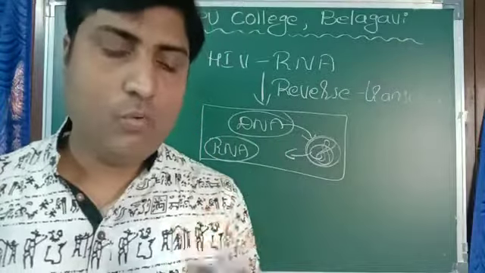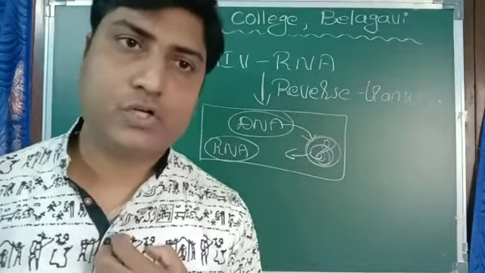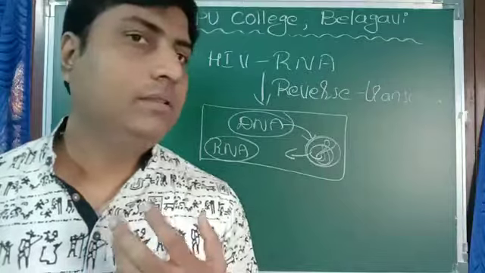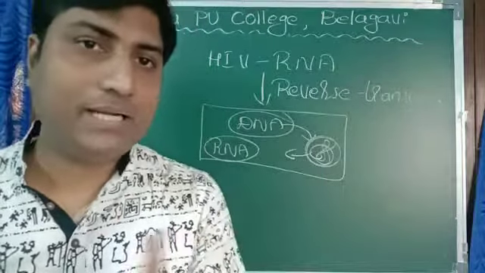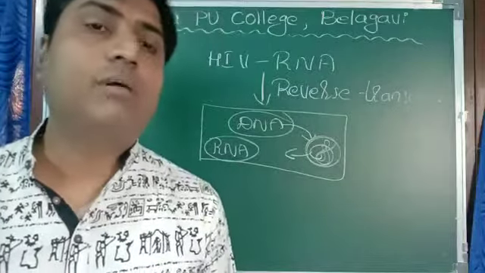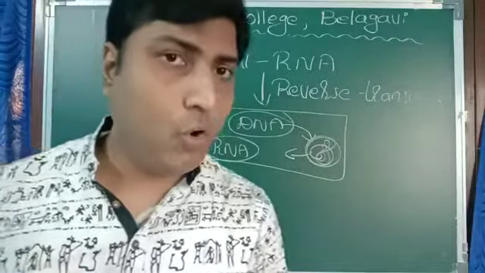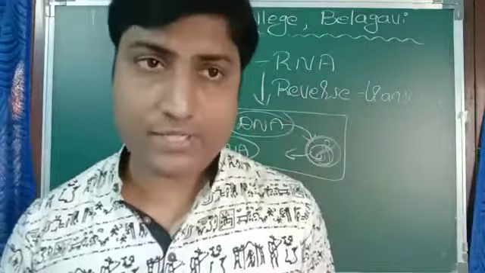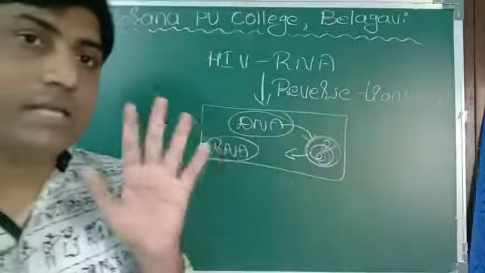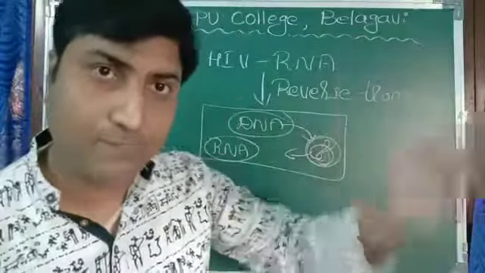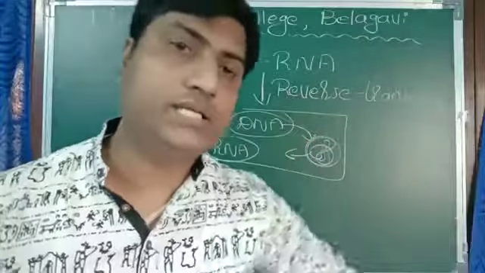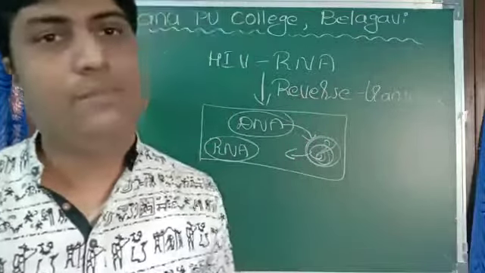Once our immune system is destroyed, none of the medicines can cure us or completely make us recover from this disease. There are no medicines available for AIDS. Some drugs are available which can increase the lifespan of the patient, but they will not cure the disease. That we have to keep in mind.